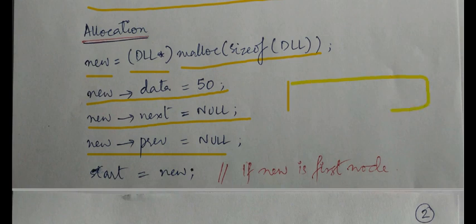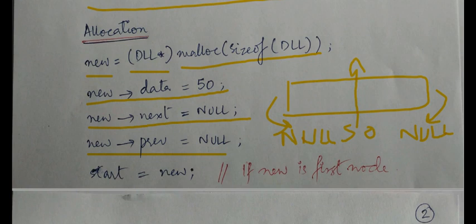So it's like I have created this node and I'm going to put 50 and null in the next field. I'm not able to write properly in this, so it is just a highlighter I'm using. Null. So this is your previous, this is your next, this is your data.